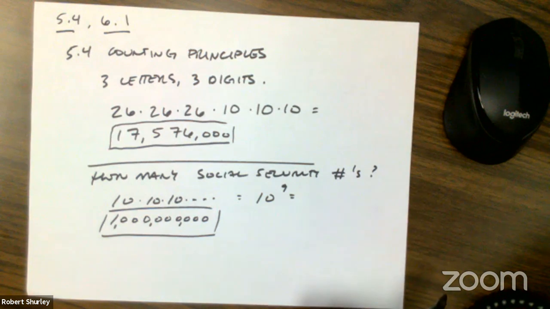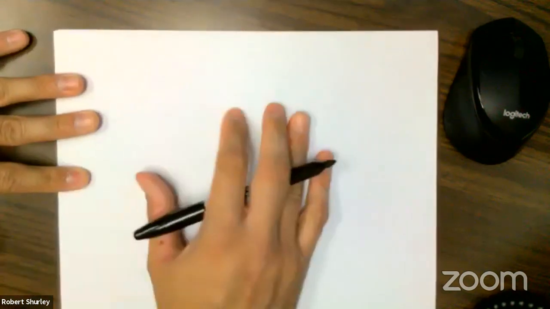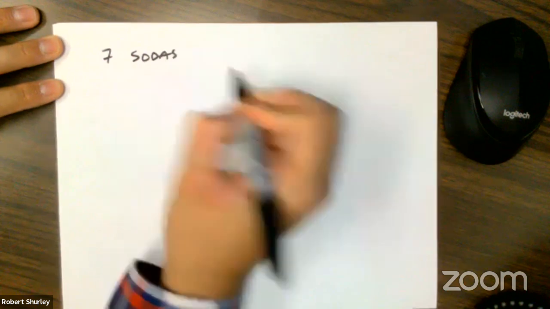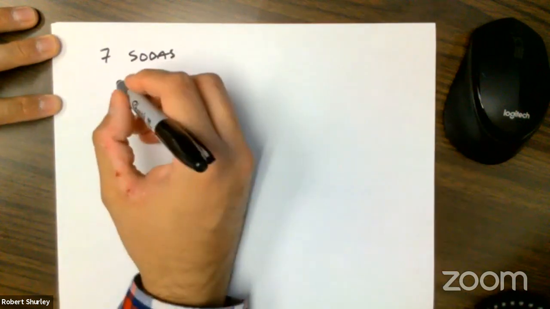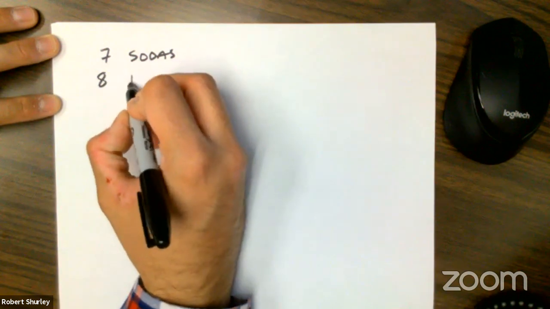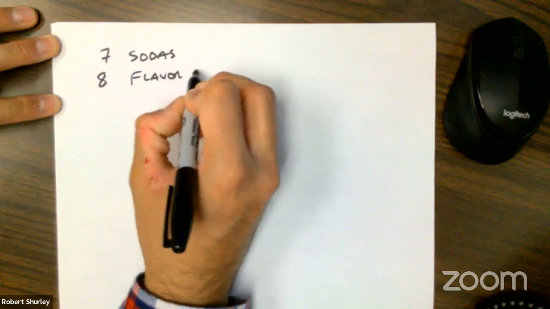This happened with Sonic a few years back. This is an example that pops up here, and it talked about Sonic. The commercial said there were so many different drink options. So if we looked at one a little differently, let's say we had 7 different sodas, and we had to choose one, and we had 8 different extra flavor shots, which we'll call flavor shots.